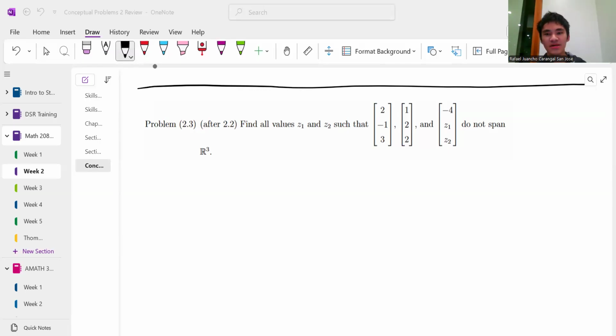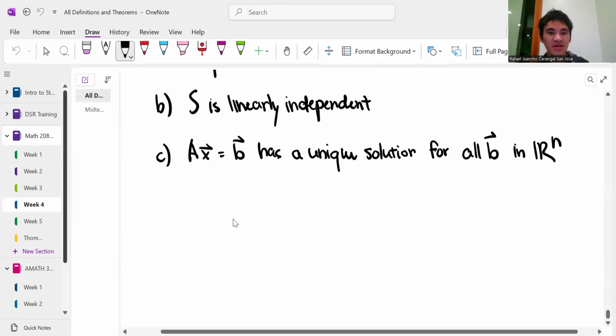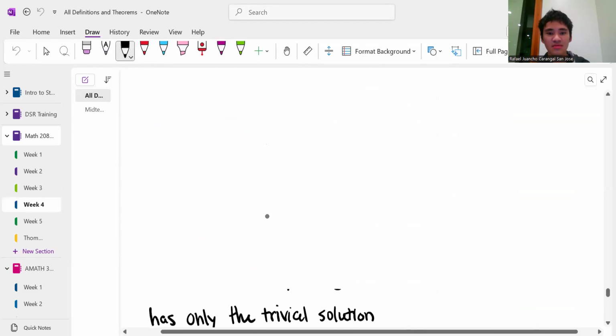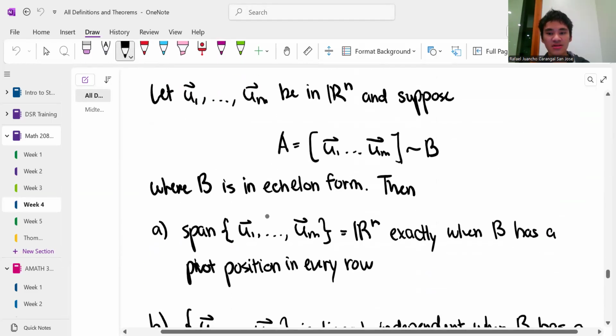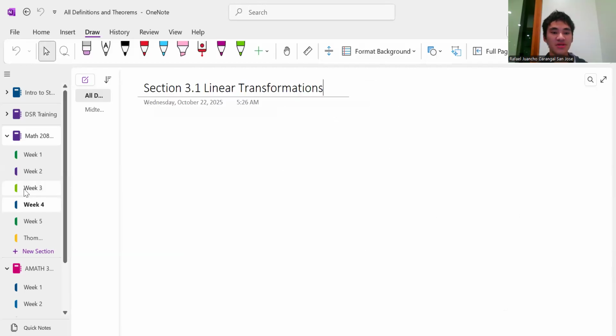How do we know if they do span R3, given three vectors again? We have a theorem for that. We want to make a matrix into an echelon form, and then they do span R3 in this case exactly when there's a pivot position in every row. So that's what we're gonna do.